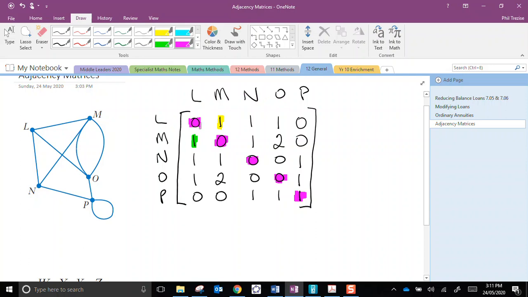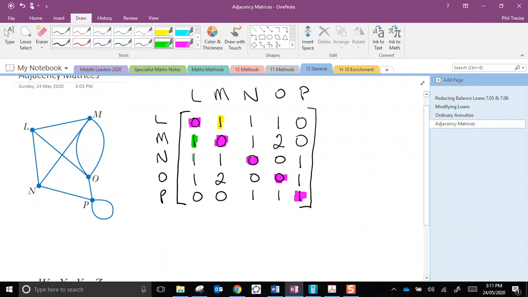Now, usually vertices do not connect with themselves. Usually they are zeros. In the case here where we have a loop where a single edge starts and finishes at the same vertex, that's where we're going to get an entry on a lead diagonal. So loops are easy to spot in the adjacency matrix. They appear on the diagonal.